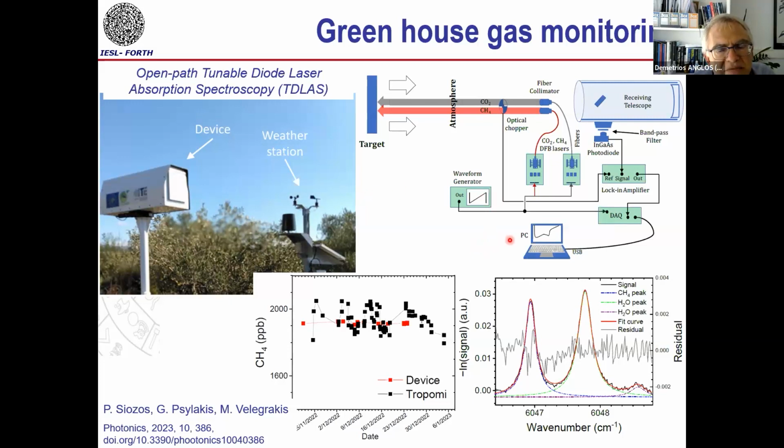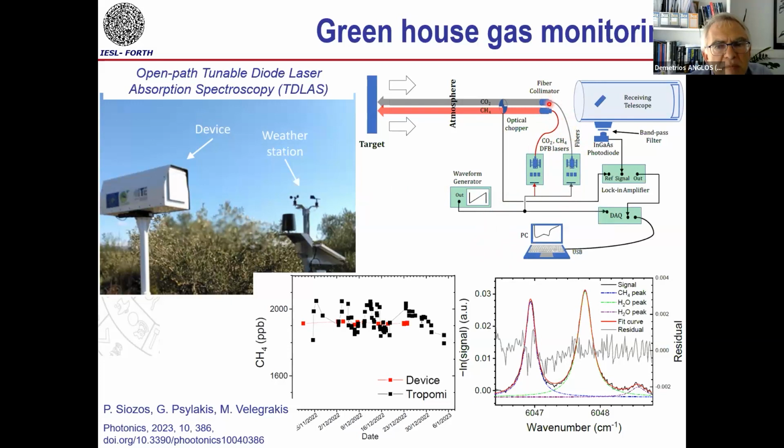Basically, by using different types of infrared lasers, they can probe various gases like CO2 and methane, and one can probe water and other things. The idea here is that you have the different lasers.